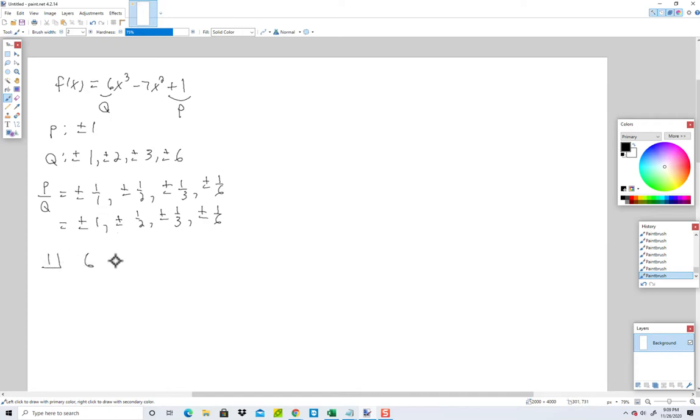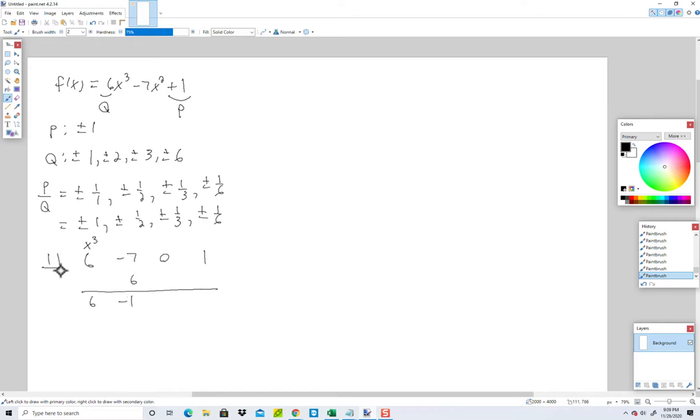This is 6, -7. We're missing the x, so I put a 0 and then a 1. You have to know synthetic division before you can do this process. So 6 is the number before the x to the third, -7, and the x is missing, so we put a 0 and then a 1 for the constant term. Add, multiply: 1 times 6 is 6.